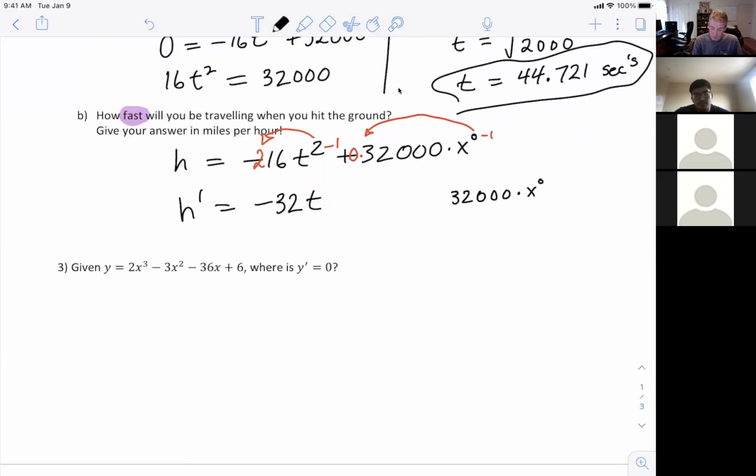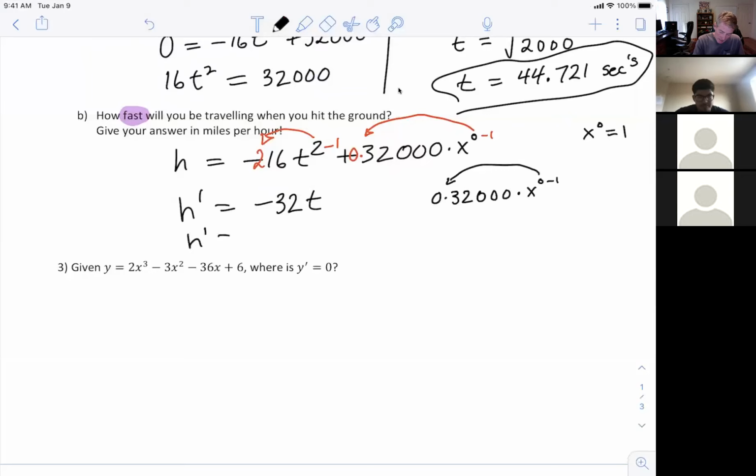And then I'm replacing 1 with x to the 0. Because that way I can then show by using the power rule that the derivative will be 0, because it's 0 times 32,000. Okay.